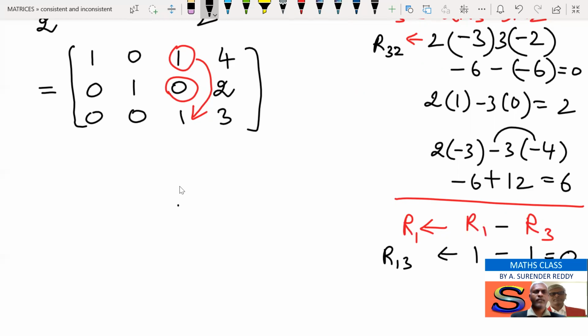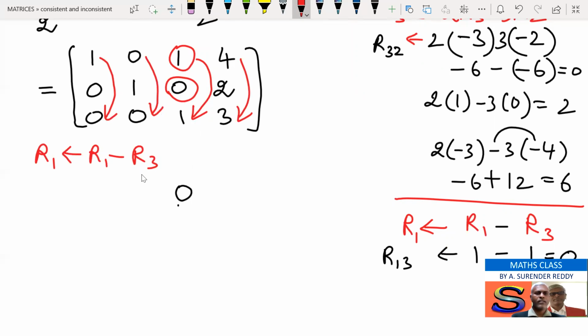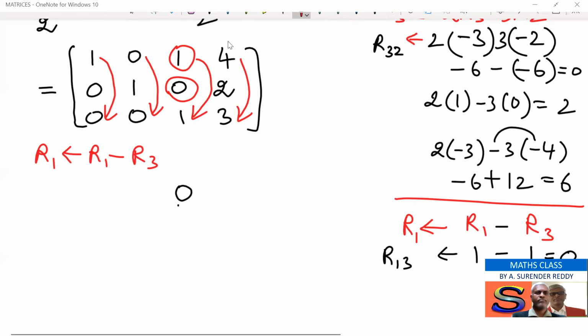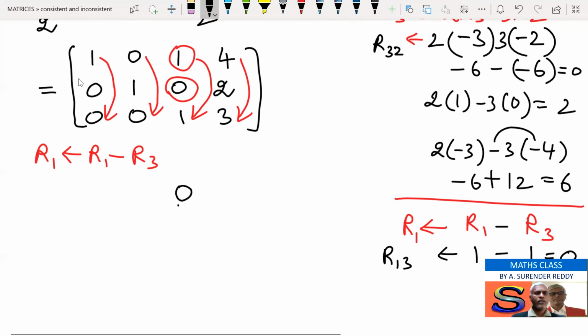What is the formula? We are converting R1 to R1 minus R3. Subtracting R3 from R1 makes this 0. Apply the same formula to every element: R1 minus R3. Here 1 minus 0 is 1, 0 minus 0 is 0, 4 minus 3 is 1.